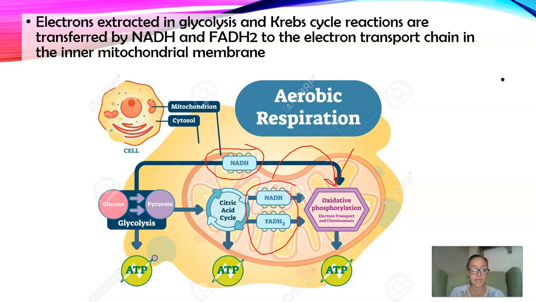In glycolysis, we had just 2 ATP made. The Krebs cycle, we had 2, 1 for each pyruvate. But it's really going to be the oxidative phosphorylation that produces the most of our ATP.